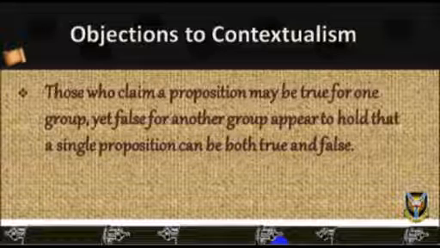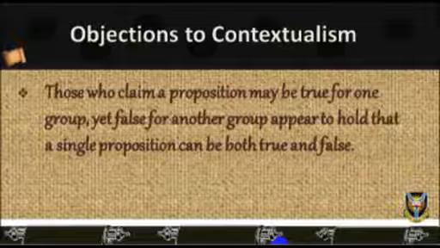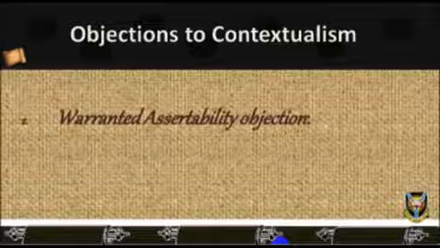It seems that there is no truth about whether S knows P, only truth for or truth from a point of view. B. Warranted assertability objection.